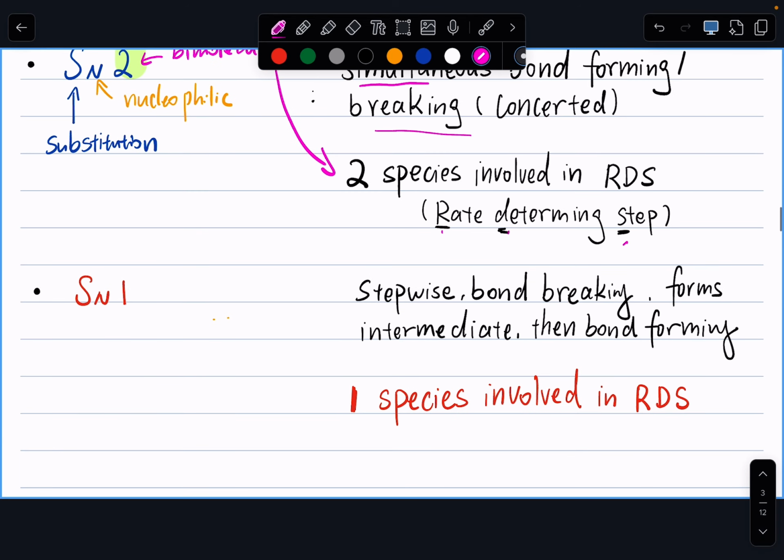Alternatively, we have SN1. Same logic: S stands for substitution, N stands for nucleophilic. Now the 1 stands for unimolecular, or only one species is involved in the rate determining step. So only one of them is involved. So stepwise, bond breaking forms an intermediate, and then the second bond is forming.